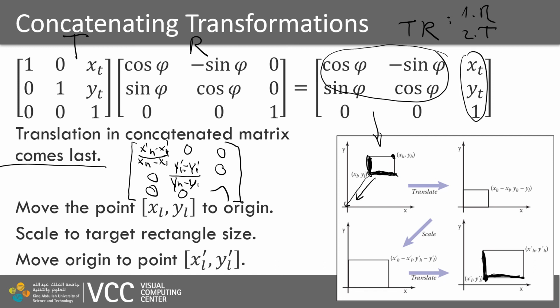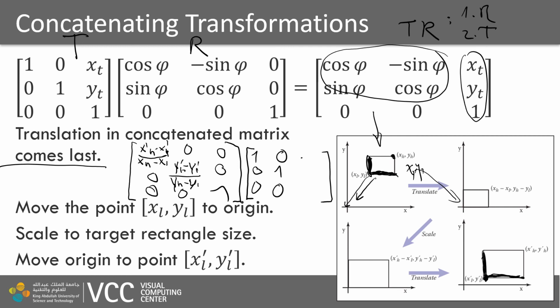We can do it in such a way that we first move this point, XL, YL, to the coordinate origin, as we said, and that we can do by a translation matrix, which will be the identity matrix in the linear transformation part.